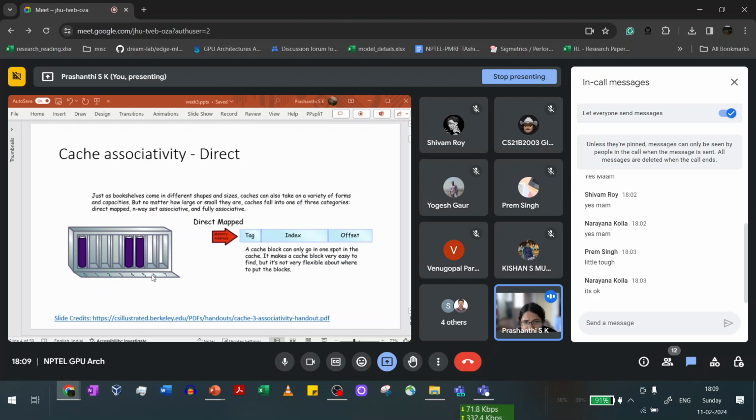That means it's very easy to find it, but it's not very flexible about where to put the blocks. For instance, let's say the slot id is equal to the book id modulus 5. Given the book id, it's very easy for me to calculate the slot id. I just do a modulo 5.